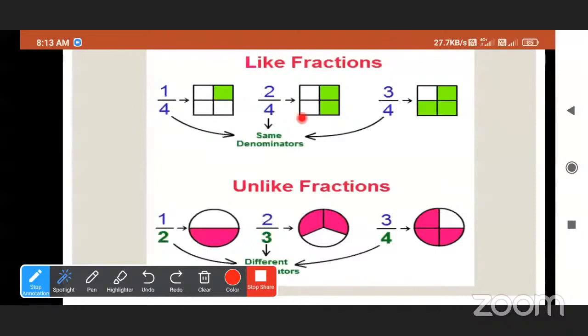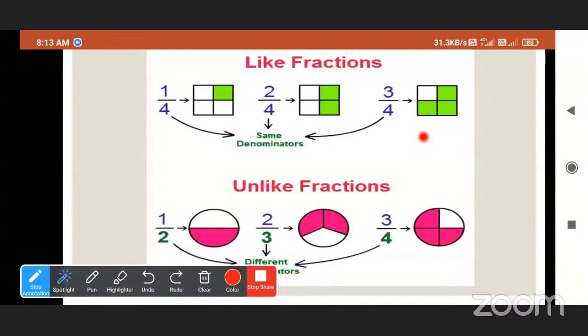In the second fraction, 2 upon 4. And in the last one, 3 upon 4. Can you observe one thing? Same denominators. So if the fractions have the same denominator, then they are known as like fractions.